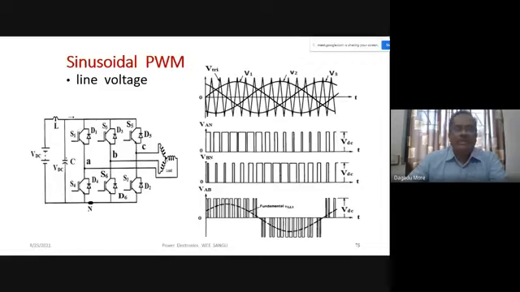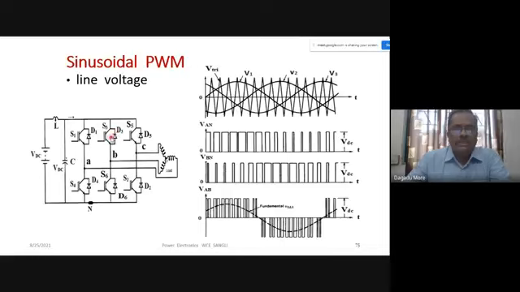In one leg we have devices S1 and S4. For that, we compare two signals: a carrier wave, a triangular wave signal of constant frequency and constant magnitude, is compared with V1. Thus we generate two switching signals, which are given to S1 and S4.